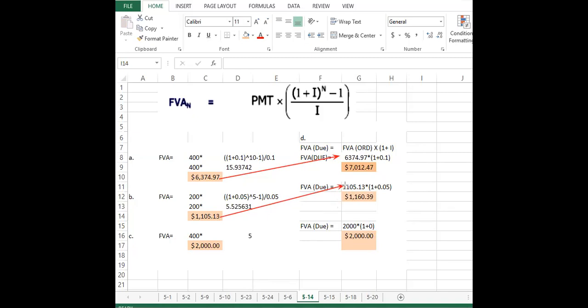So with the help of ordinary annuity, we can calculate annuity due just by multiplying 1 plus interest. The same case with part C. Okay, class. So this was 5-14.